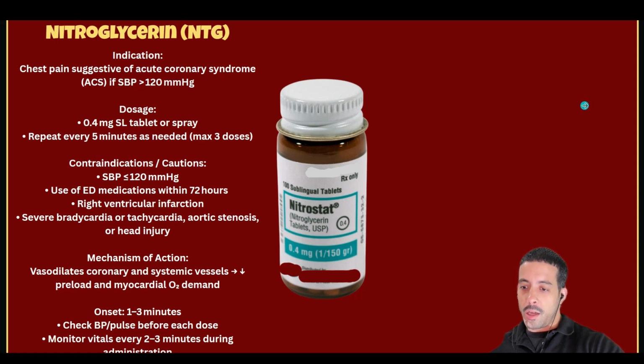when you give this medication. Ideally, they're supposed to have a systolic blood pressure of 120 or higher. Make sure that you check this person's blood pressure. Make sure that they didn't take any sexual medications like Viagra for erectile dysfunction, at least 72 hours before that.